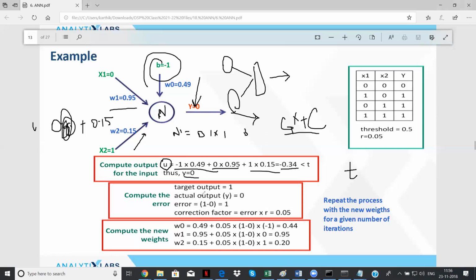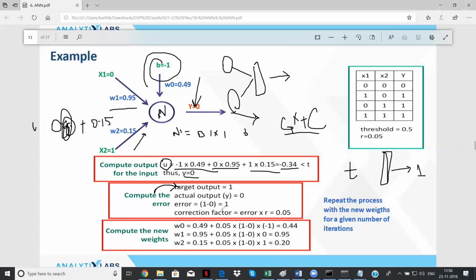Now, if y is 0, but I would say that my target output is 1. I wanted my target output to be 1 because, based on my intuition or based on my past data, I know that those set of parameters should give me 1, not 0, right? So I'll compute my error.